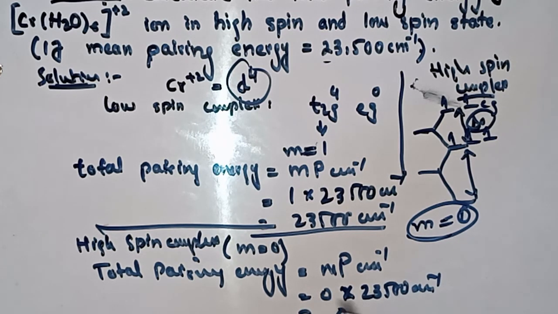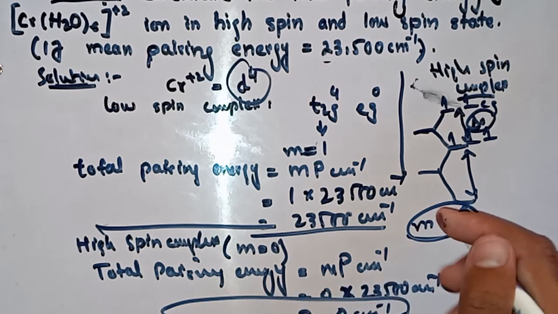The whole term will be 0 because 0 is multiplied. So here the total pairing energy will be 0 cm⁻¹. No pairing energy is required.